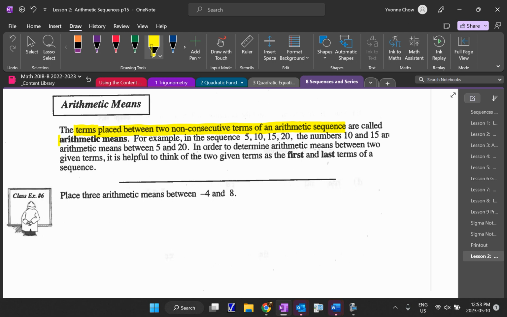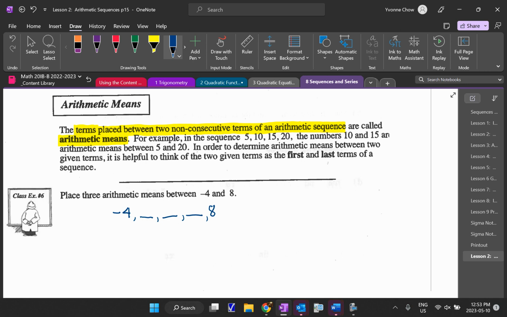For example, I think of it as fill in the blanks. So if it says place 3 arithmetic means between -4 and 8, I think to myself -4, and there's 3 fill in the blanks, followed by 8.